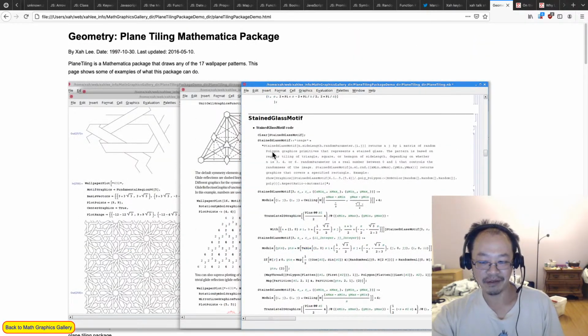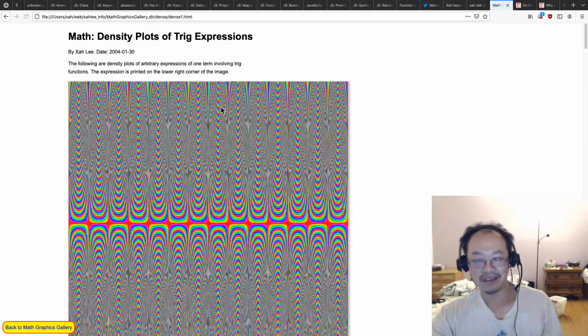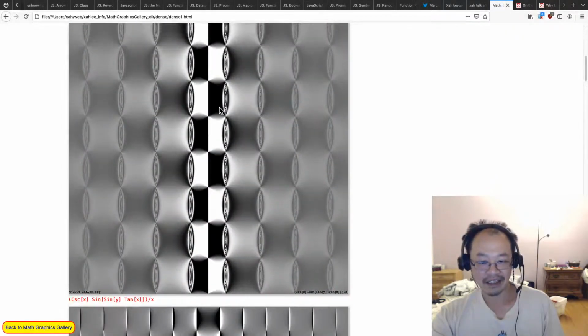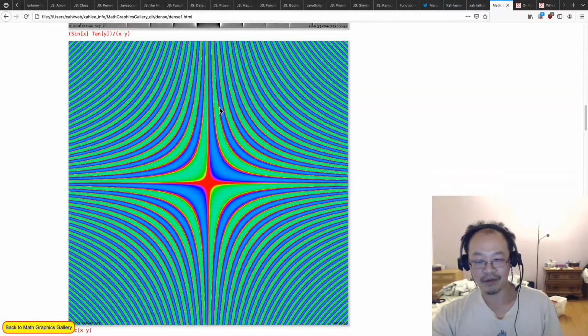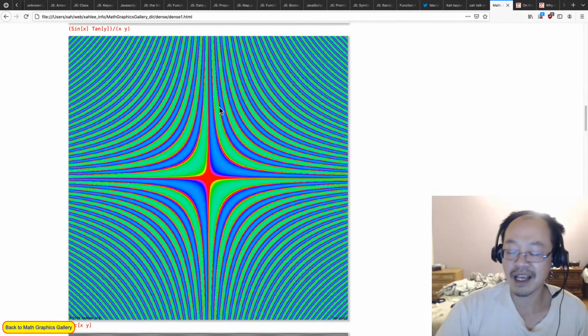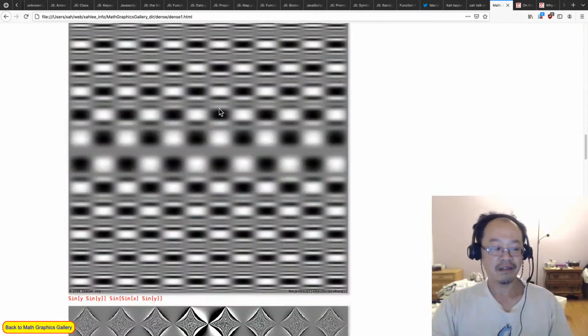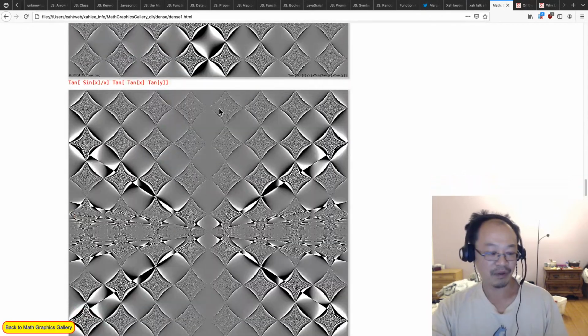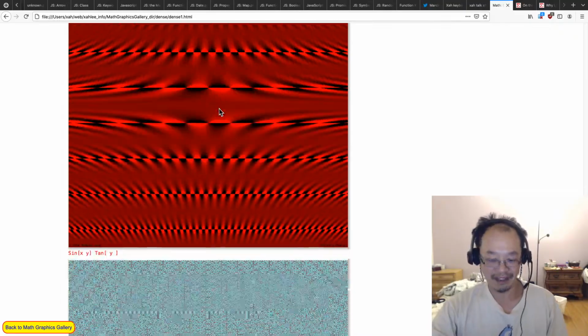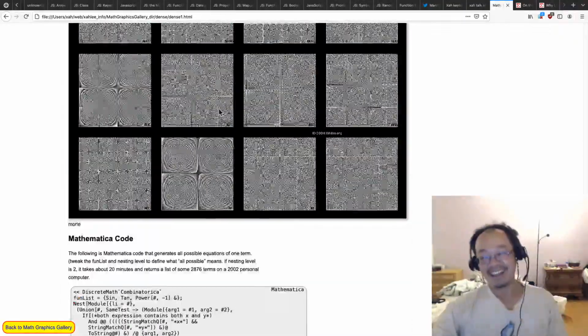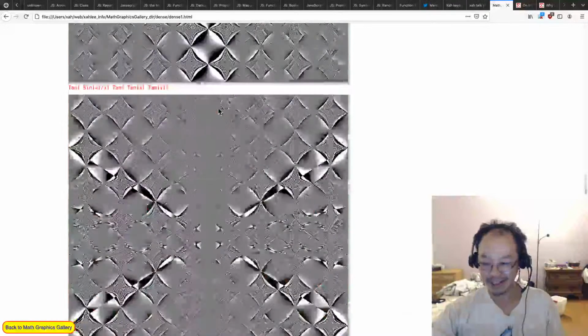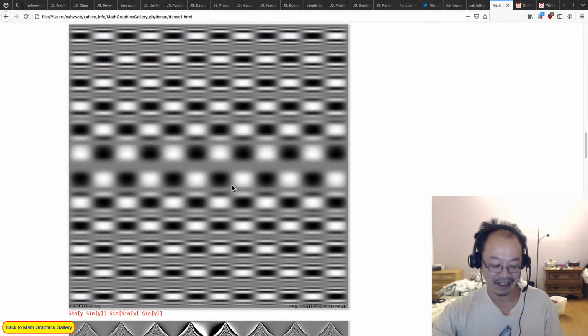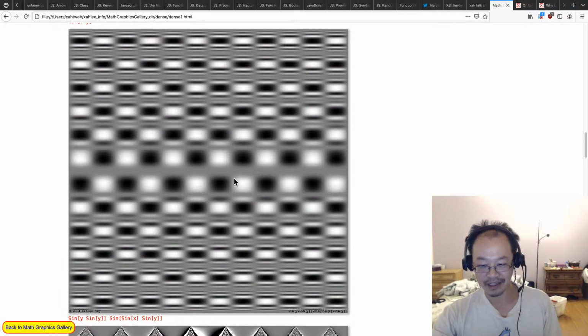I want to rewrite this in JavaScript, but it just delays and delays. I'm getting old. That's really what is happening. On the surface, I don't see any reason why not, but it's just not happening. Anyway, so all these are in Mathematica. These are the plots of sine and cosine functions.